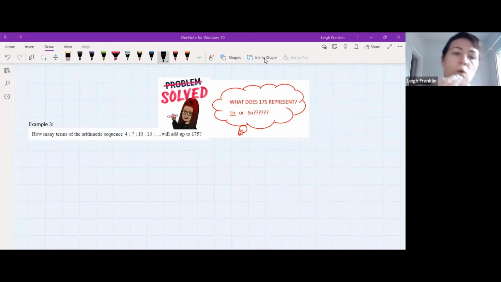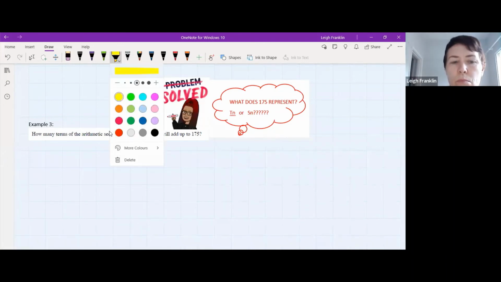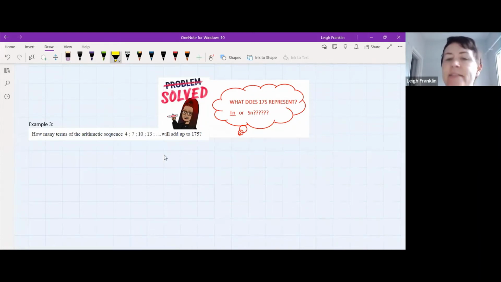What in the English of the question made you think that's what it meant? What were you looking at specifically? I was looking where it says "will add up to". So when it says add, it told me that I must add all the terms together to find 175.